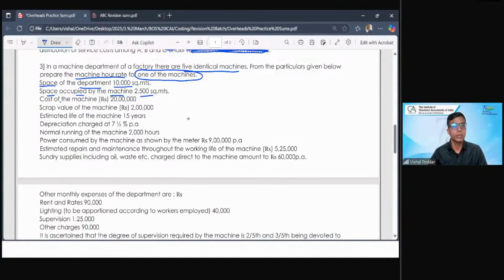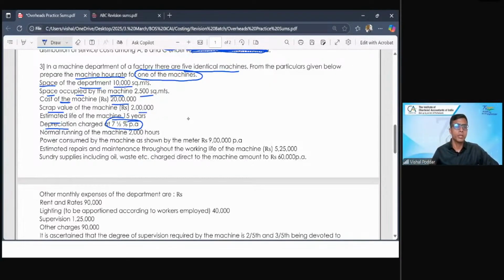Then you are given the cost of the machine, that is of one machine, the scrap value of this machine, and the life of this machine. I'm sure you all will understand where this will be used. This will be used in getting the depreciation. However, they have also given you depreciation. Now, when this is given, depreciation will be calculated directly at this rate and not by the SLM method.